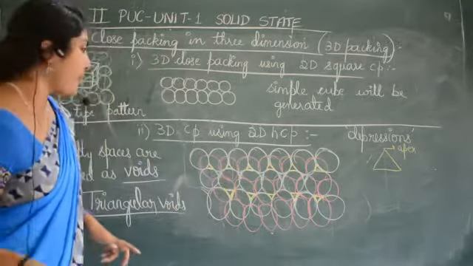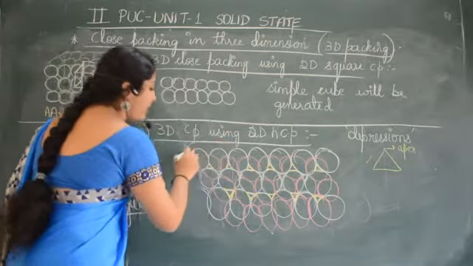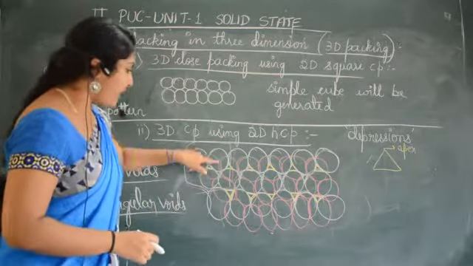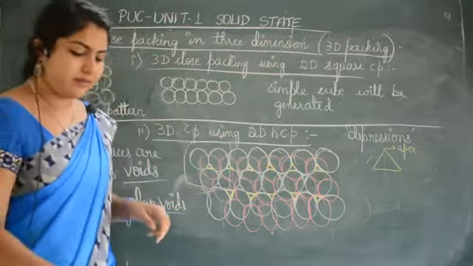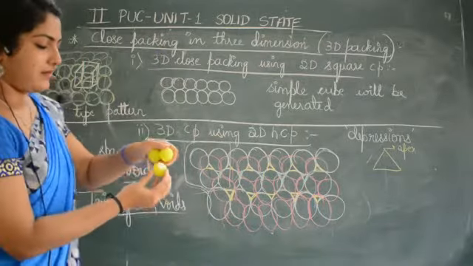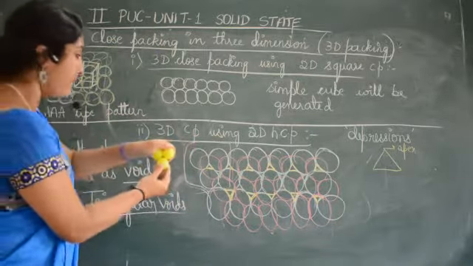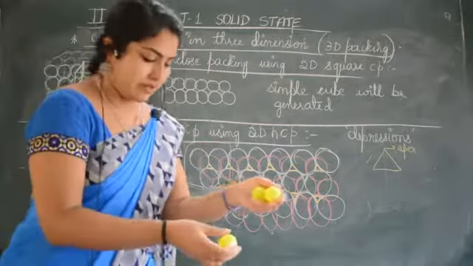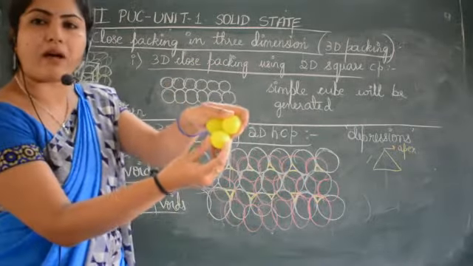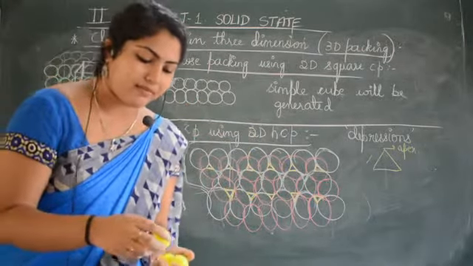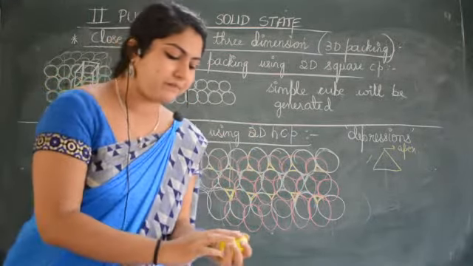Okay, hope I'm not confusing you. This part you consider. See, already there are three layers below, like this. See, two layers above and one below. Two layers above and one below, like this. And over this, now this has formed a layer this way.